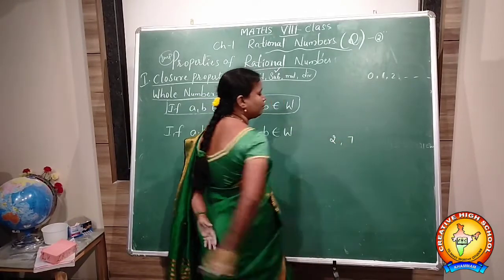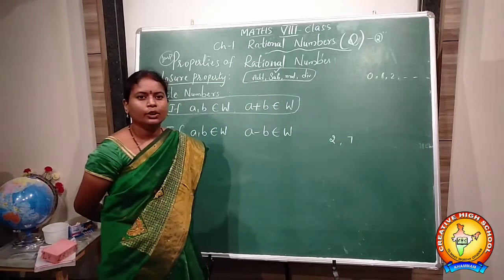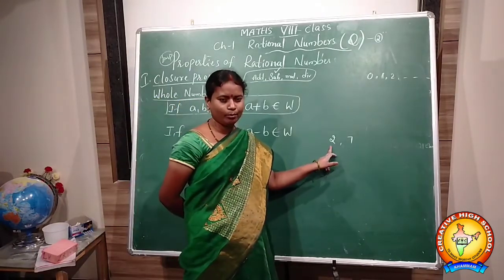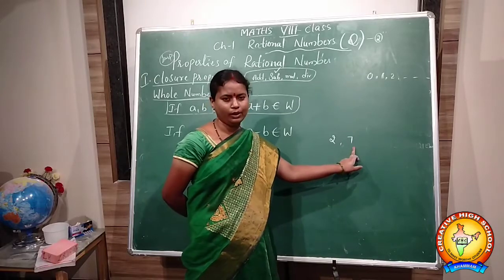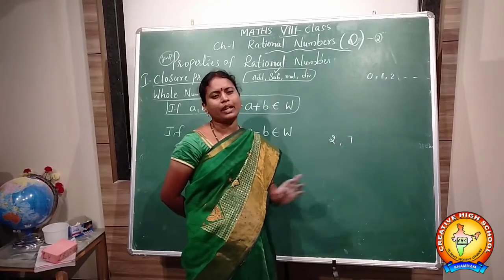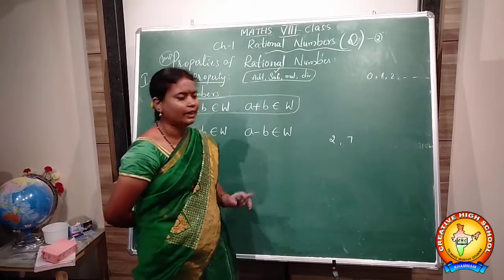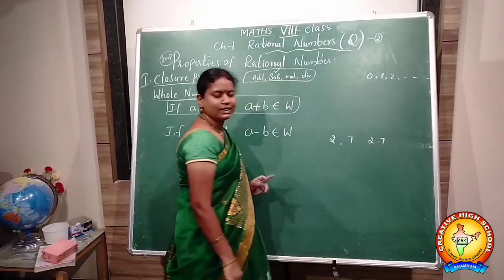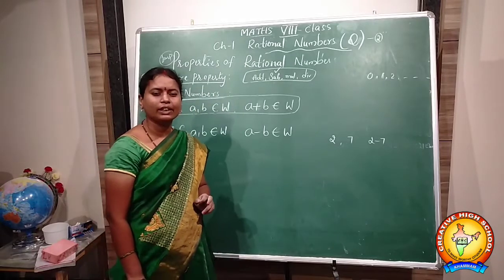I am taking 2 and 7. 2 is a whole number, 7 is also a whole number. When we subtract 2 and 7, 2 minus 7, what will we get?